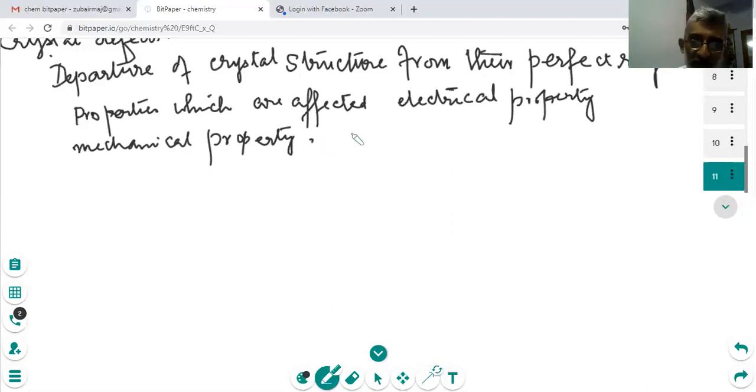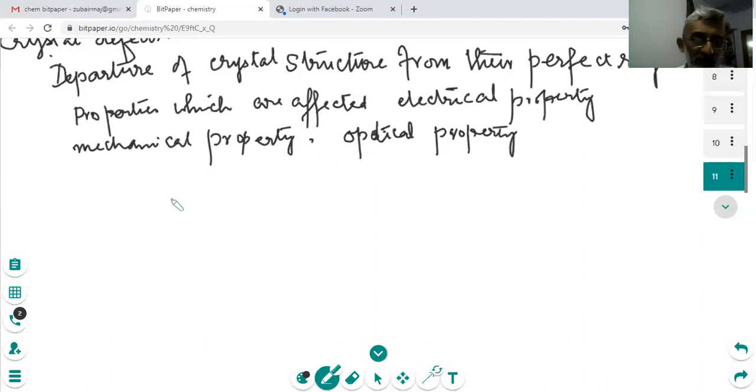And also the optical property, which is one of the important properties of crystalline compounds. Optical properties may include diffraction, deflection, reflection, and all these. So all these will be affected by the crystal defect.